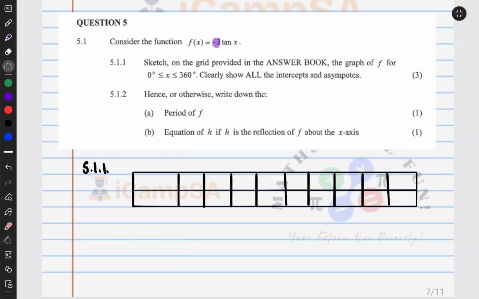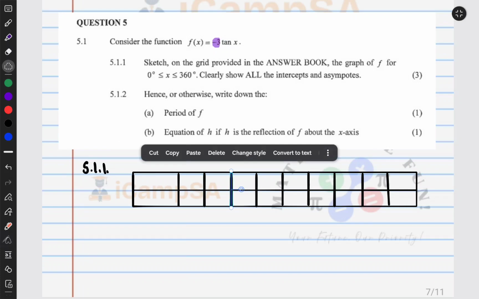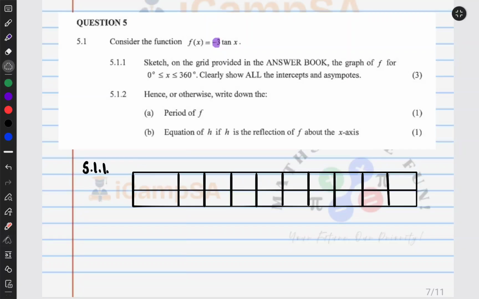Okay, so the table is just a way to visualize or to organize what you are doing. But once you understand these functions, you can sketch this graph without actually doing the table. You understand that the tan function will have asymptotes at 90 and 270 degrees. And then you understand that this function has been stretched by a factor of 3, and it has also been reflected.